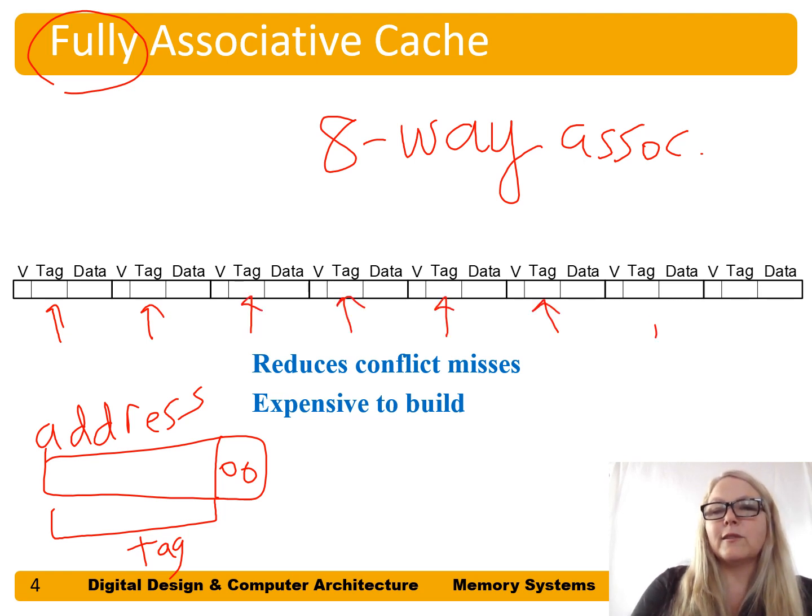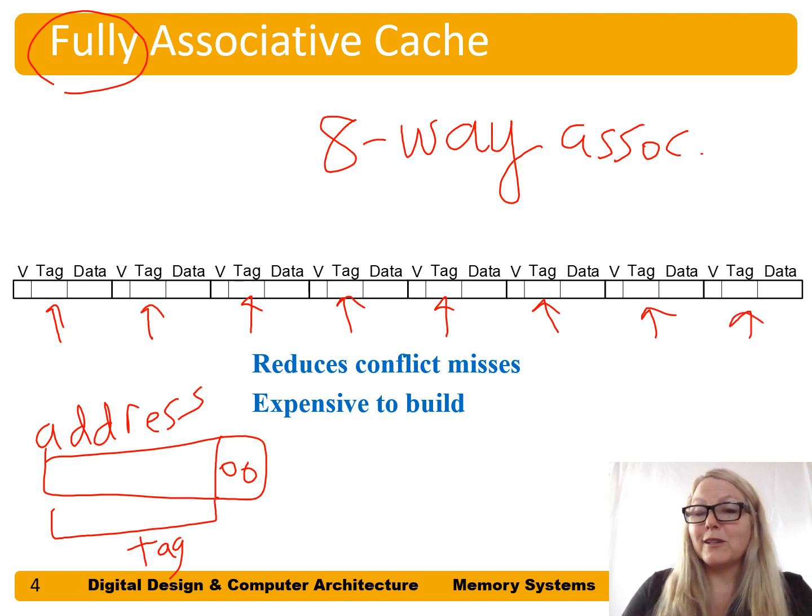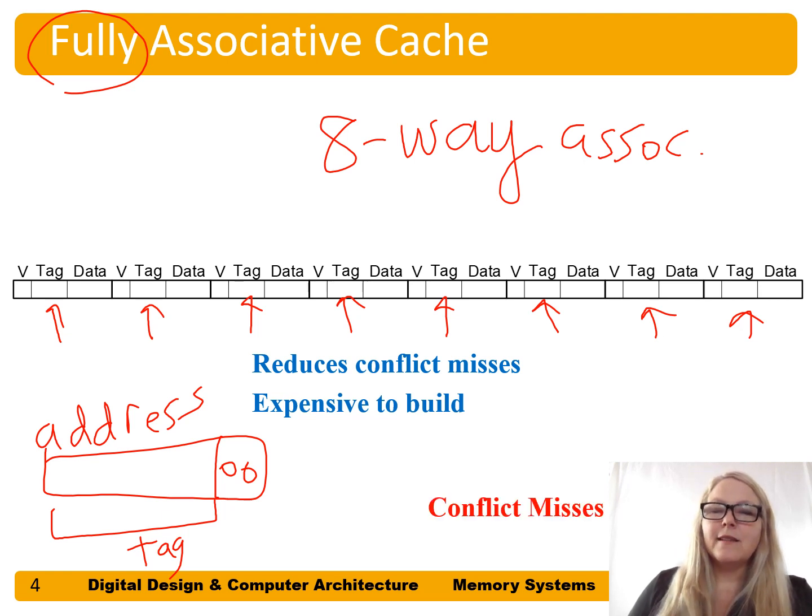Now we have to do all of those comparisons to see which way. And then our multiplexer is also bigger now too. Now we have an 8-to-1 multiplexer to choose which of the ways the data we're looking for is in, or perhaps it's not in there. Remember, we could get a miss as well. So a fully associative cache is great with helping with conflict misses. Now we can map to any one of those 8 ways, but it's expensive.